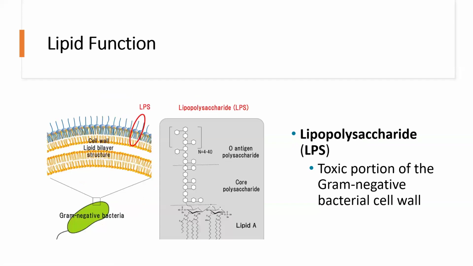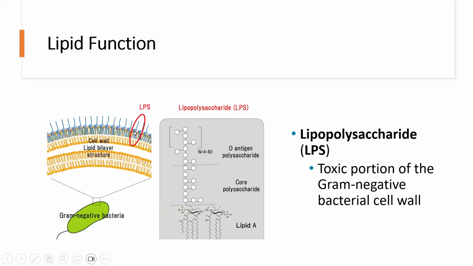We have LPS, or lipopolysaccharides. So based on what those words mean, lipo, that's the lipid, and then the polysaccharide, we should know from the carbohydrates lecture, is multiple sugar molecules together. And so this shows you how the LPS can come off of your cell membrane.